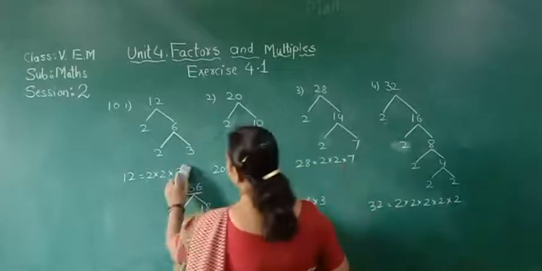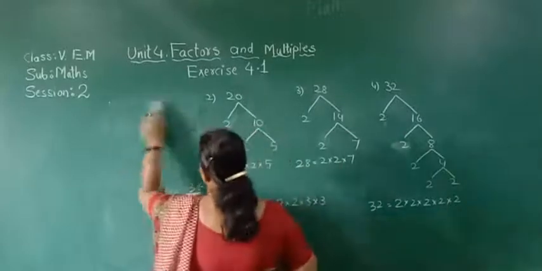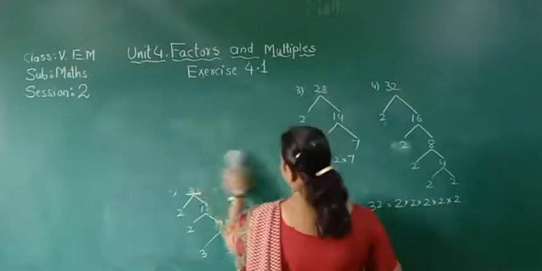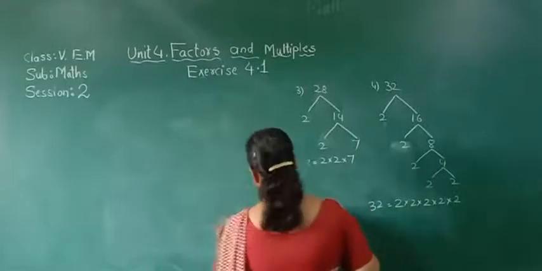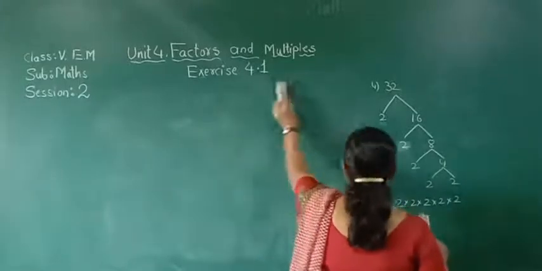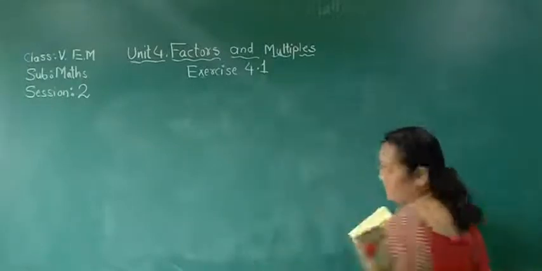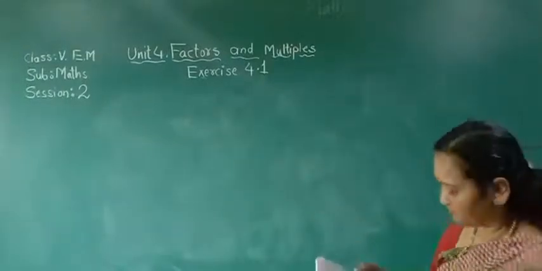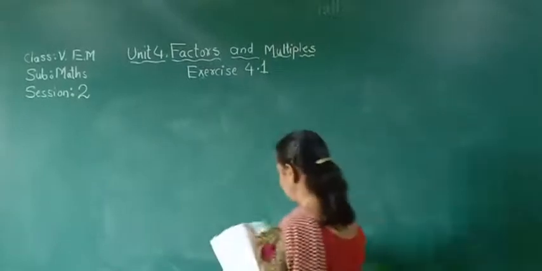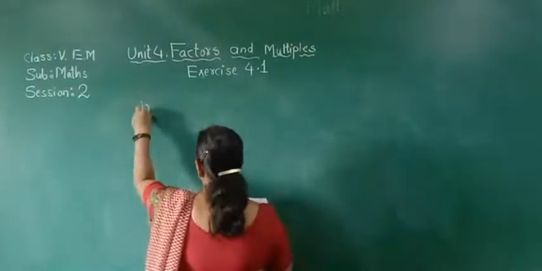Then 11th question, here a factor tree is given. We have to fill it up. We have to complete the factor tree. So 11th question is, two questions are there. Complete the following.